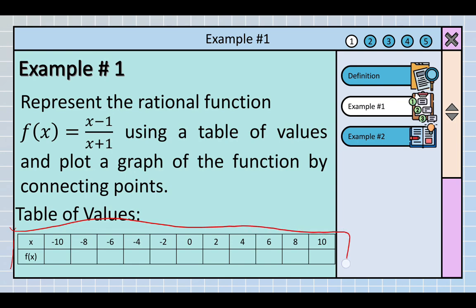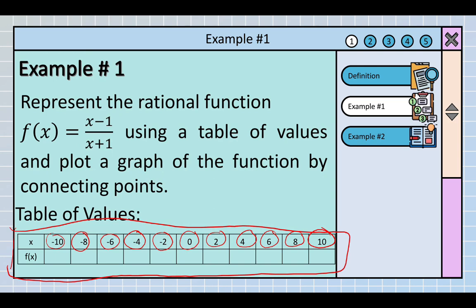The x values are negative 10, negative 8, negative 6, negative 4, negative 2, 0, 2, 4, 6, 8, 10. We can choose different numbers, but in this case, we alternate only even numbers including 0.